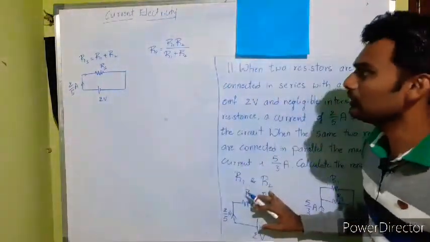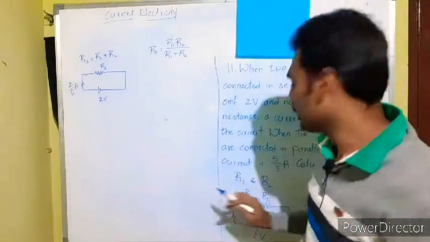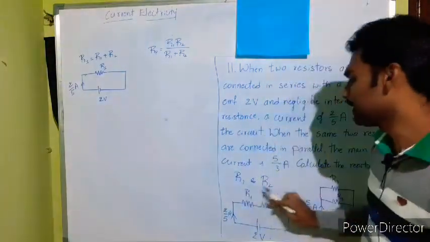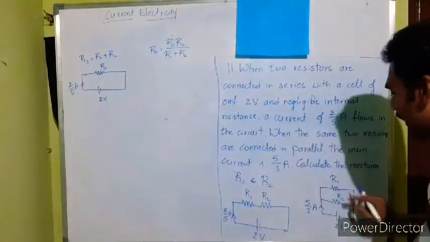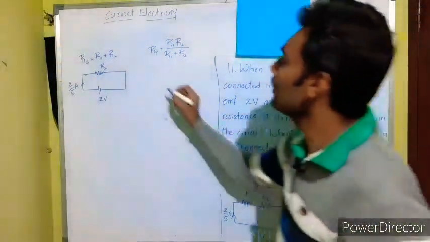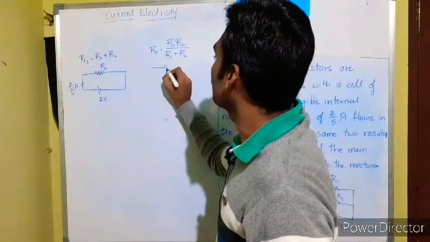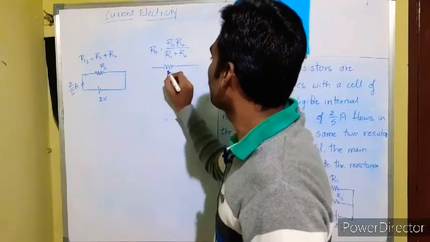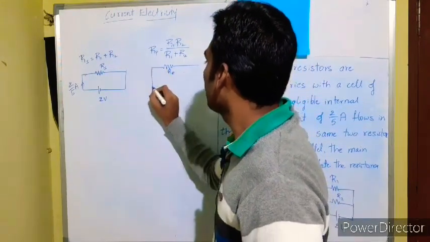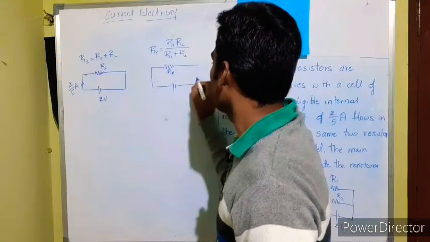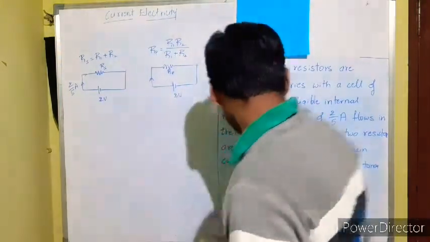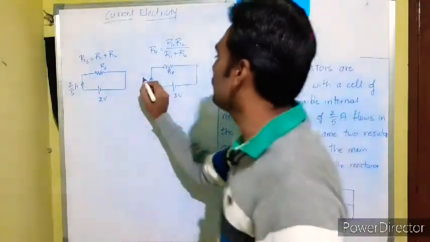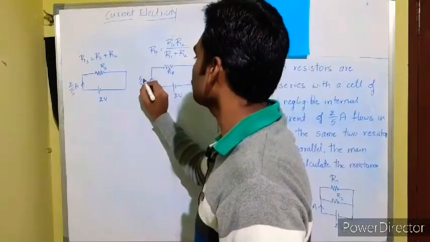This is how I can visualize the same circuit. This circuit is visualized like this because I have replaced R1, R2 in series by Rs. In the same way, I can replace this R1, R2 in parallel by a single resistance Rp and rewrite the circuit like this. 2 volt is the battery and the current is 5 by 3 ampere.